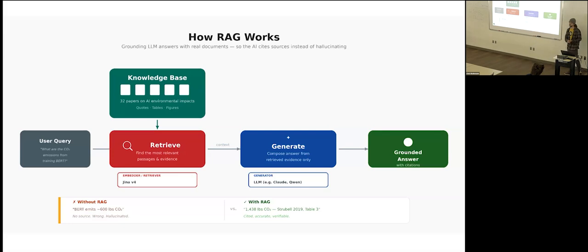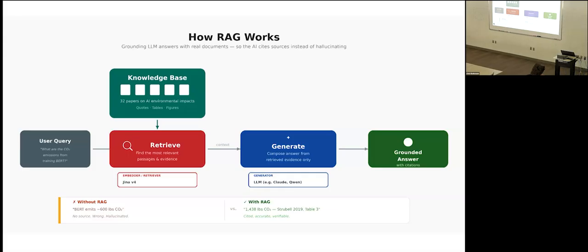That could be quotes in the papers, it could be figures, it could be tables. You're going to retrieve all of that relevant information, and you're going to send that as context to your generation model. So this model is going to receive your question along with the retrieved context, and then it's going to finally generate an answer. I think this is familiar to many of you, but hopefully this overview helps if this is your first time hearing about RAG. The overall idea is that we can ground large language model answers by providing a knowledge base.